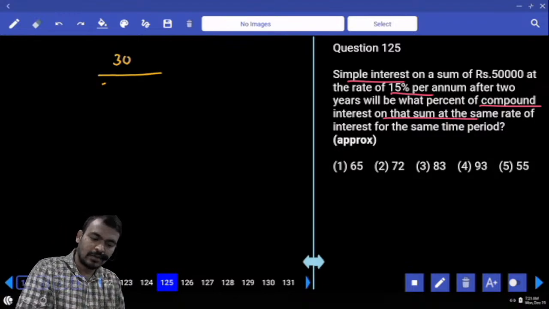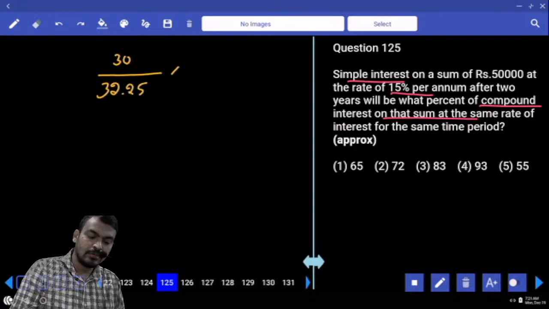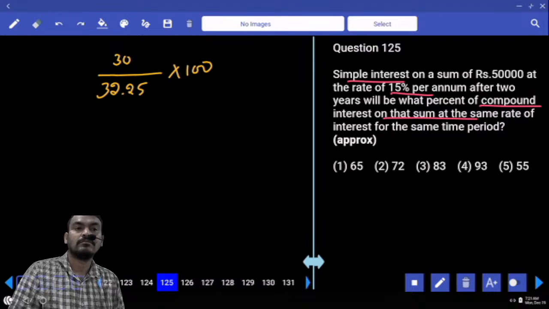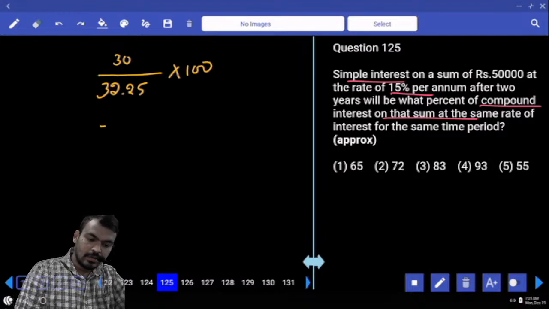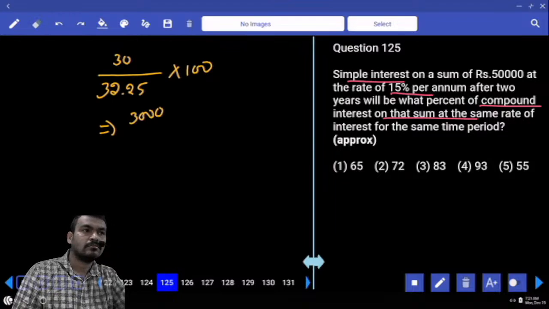Means 30 is what percent of 32.25 into how much value? 100. Okay. Next, the numerator we write, how much? 3000. Okay.